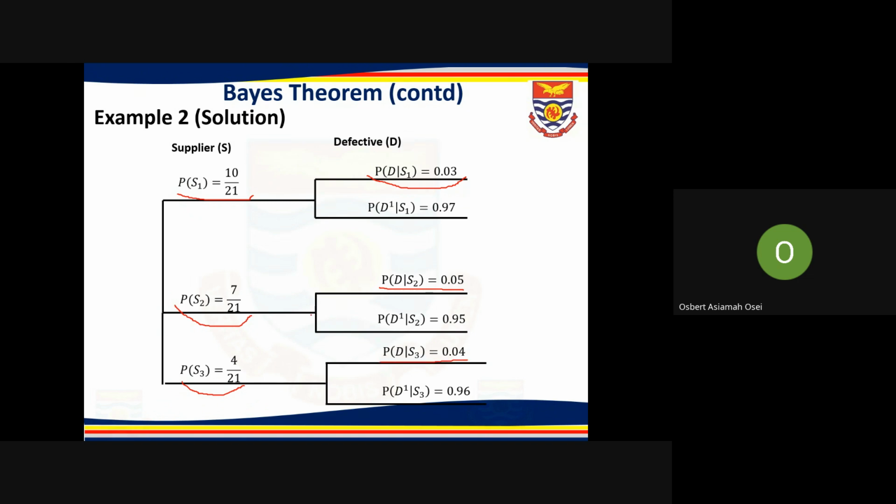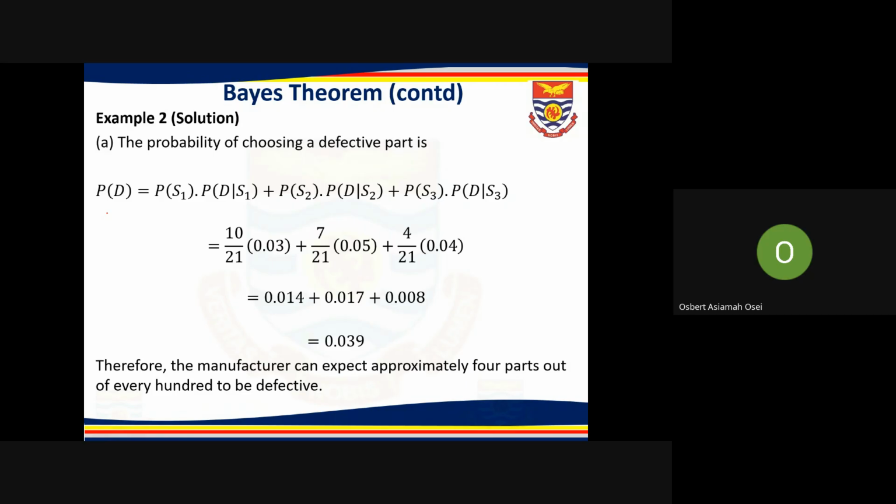So when we find the product of this and that plus the product of this and this plus the product of this and this, you can get the probability of defective. That's what we do here: the probability of getting a part from supplier one times the probability of it being defective, given that supplier one made it, and that is what we have here. So we merely substitute, and that substitution leads us to this part.